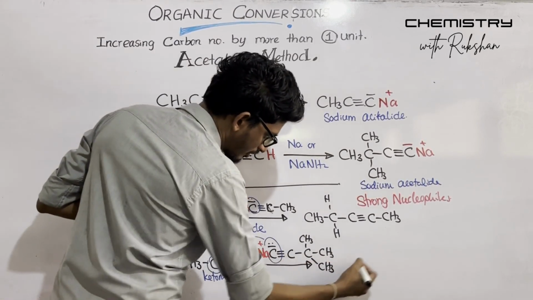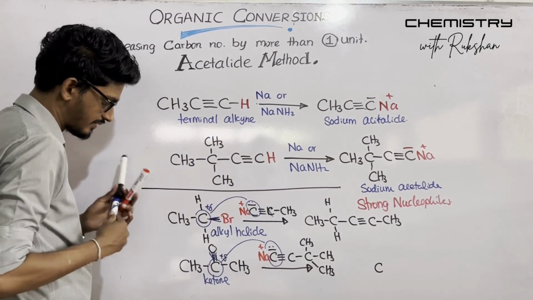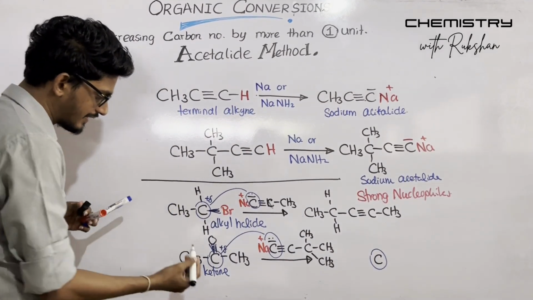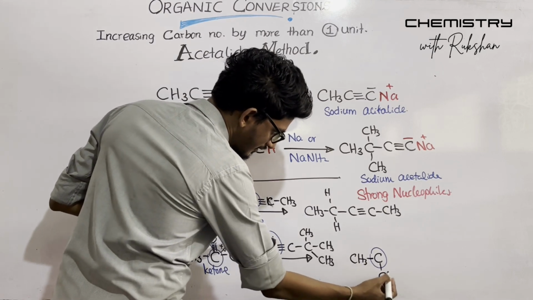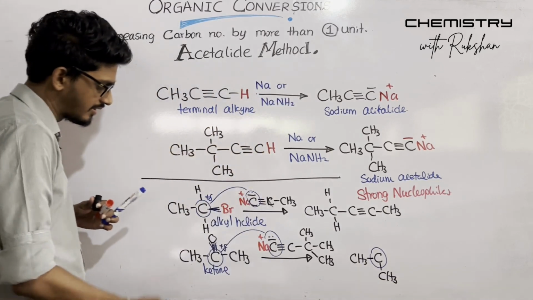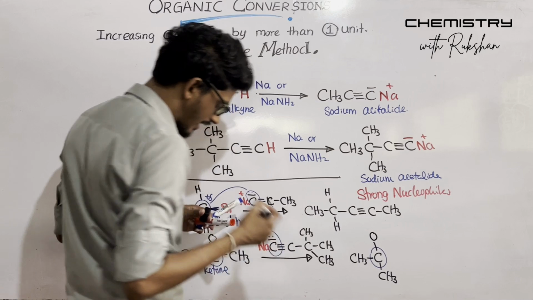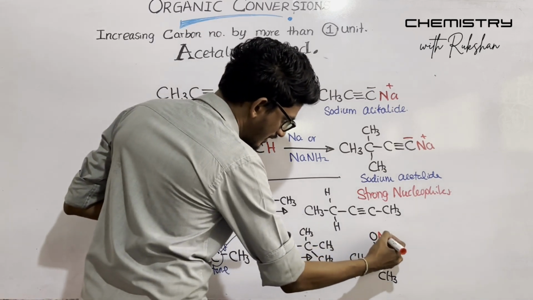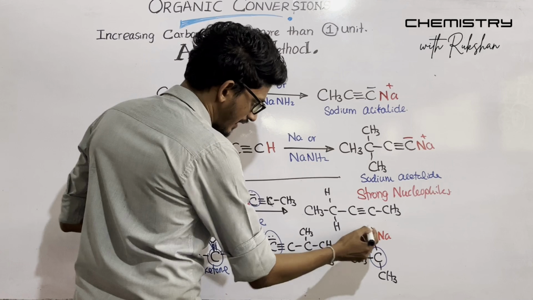So you have this positively charged carbon here. This is your first carbon, and to that, these two R groups are connected. I'll write these two like this, and you have the C-O bond. The pi bond is broken and the sodium is connected here, so we can write it as O minus and Na plus.